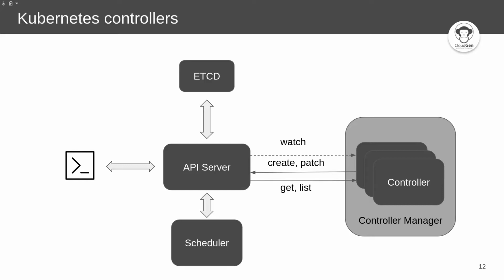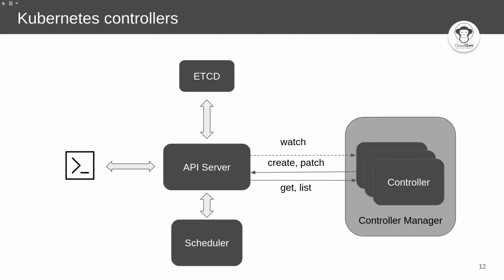The API server exposes all the Kubernetes resources, all the Kubernetes objects, in an HTTP REST way, right? And all these objects are stored in an etcd database, which is accessible only through the API server, so everything goes through the API server.